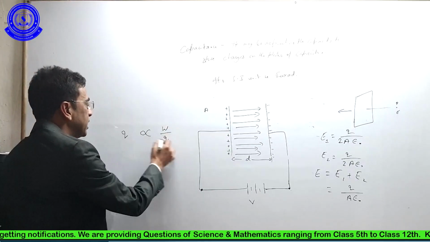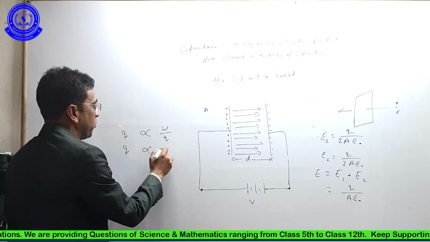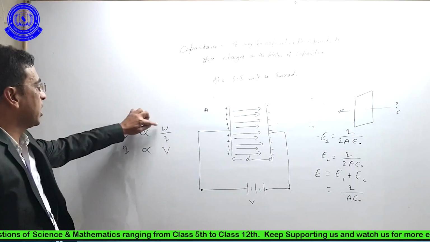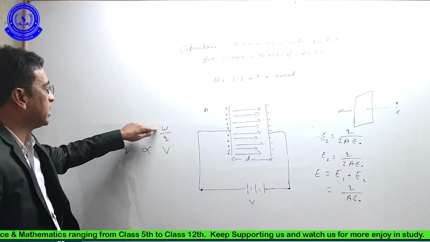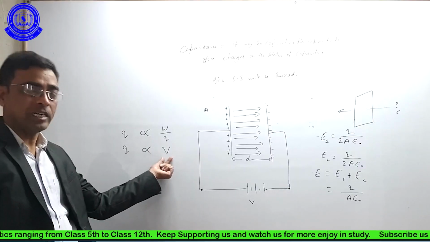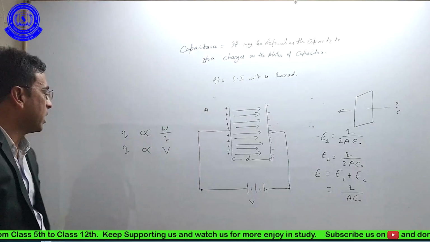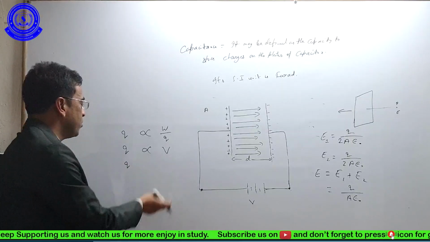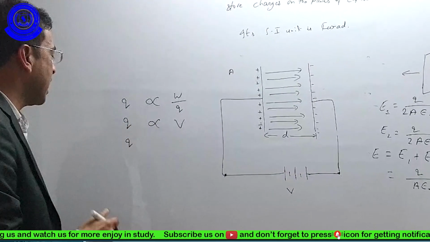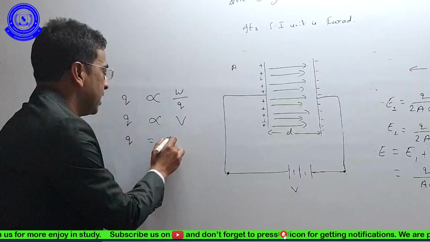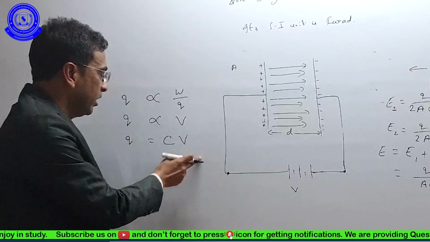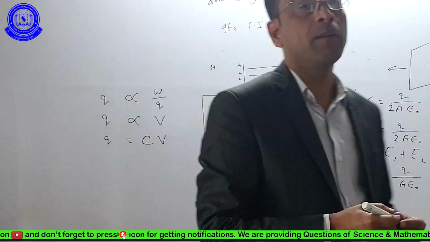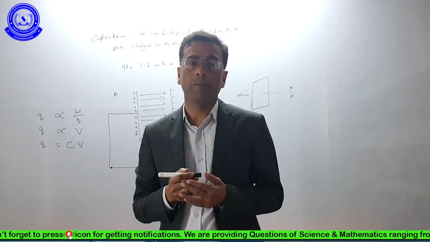We know this term as potential difference. Work done per unit charge is defined as the potential difference. If we remove the proportionality sign, we have a coefficient here that is denoted by C, and this is termed capacitance.